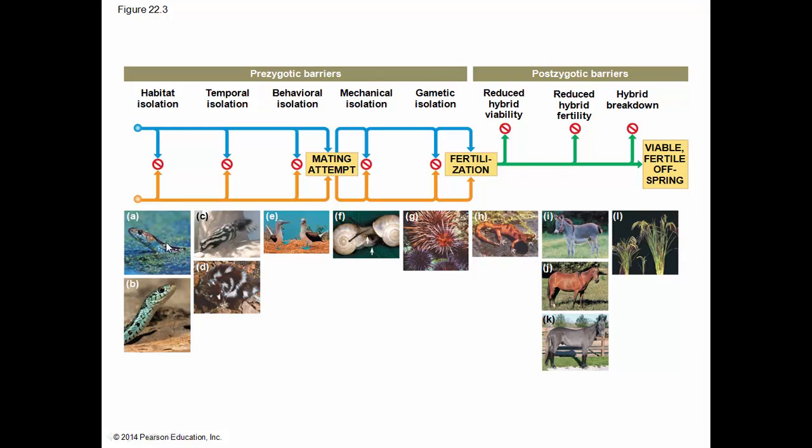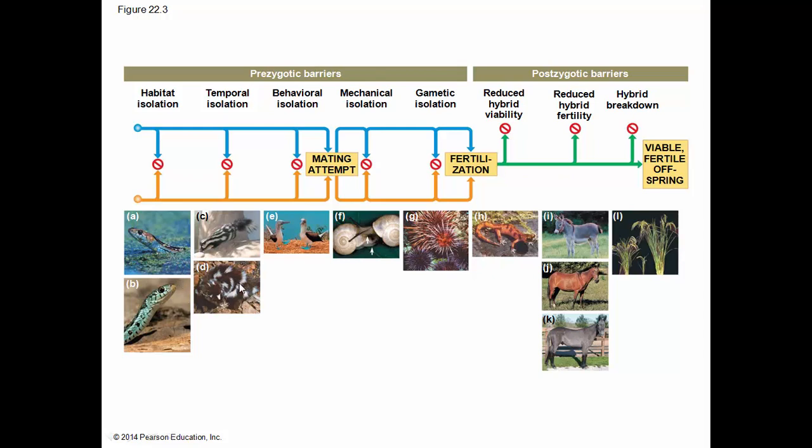Because they both have these habitat specialties, they wind up becoming reproductively isolated, and that could cause speciation over time.